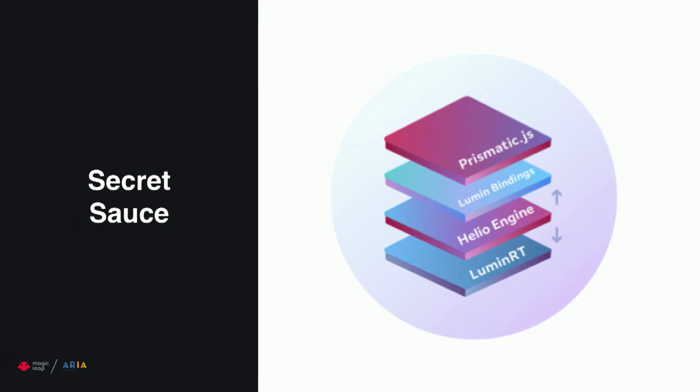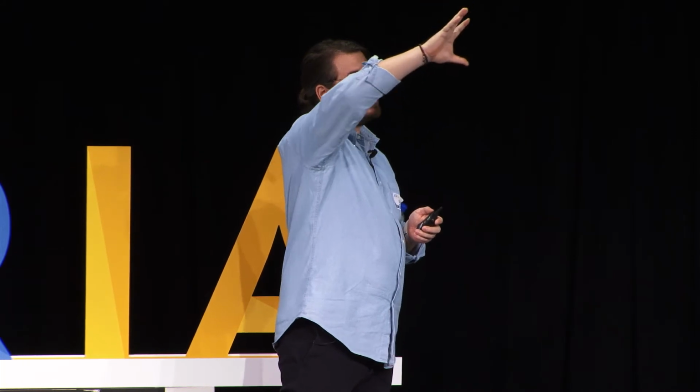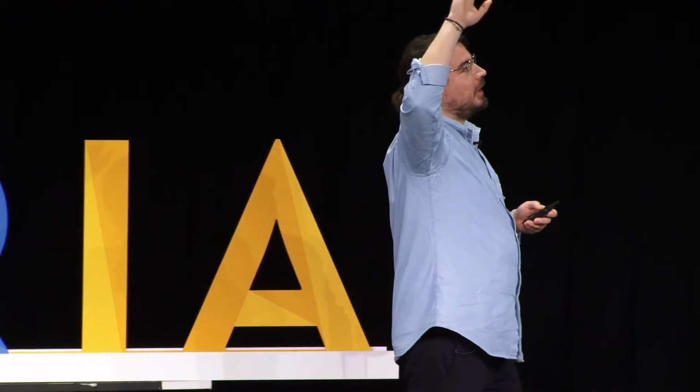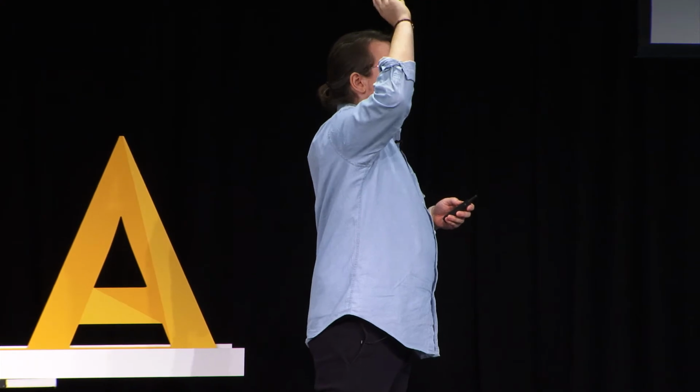So if you were to look at this like a nice juicy cheeseburger or egg muffin because I skipped breakfast, Prismatic would be like the topping, the cheese on top. So you really don't have to know a lot about what the underlying bindings and engine and runtime are. You just have to know about the Prismatic.